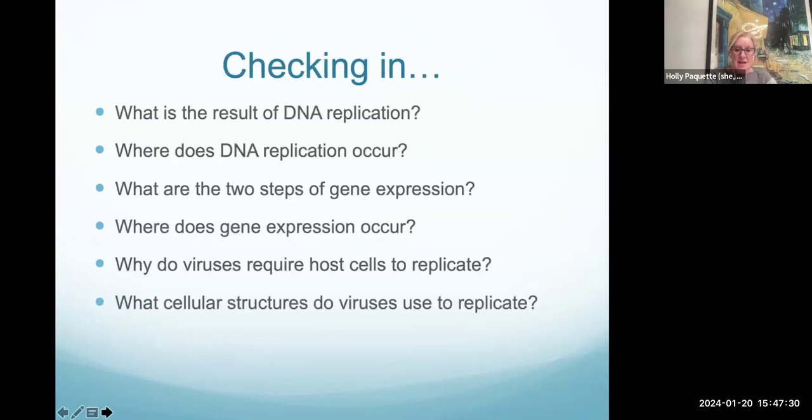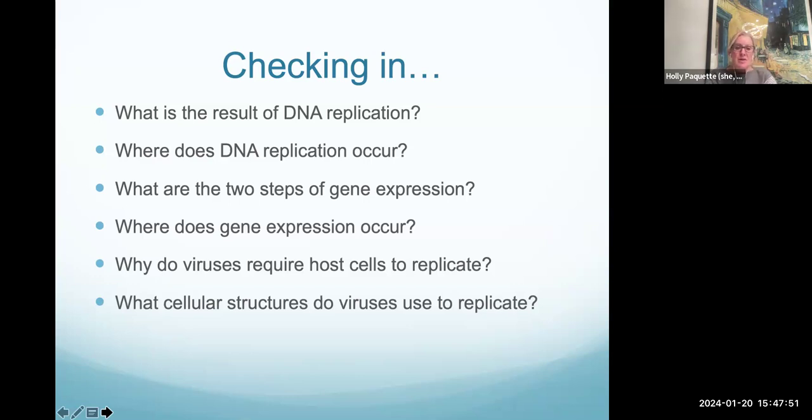That puts us on the checking in. I'm going to let you go ahead and pause this before I answer these questions. So let's walk through these. The first question is, what is the result of DNA replication? It's a copy of the DNA.